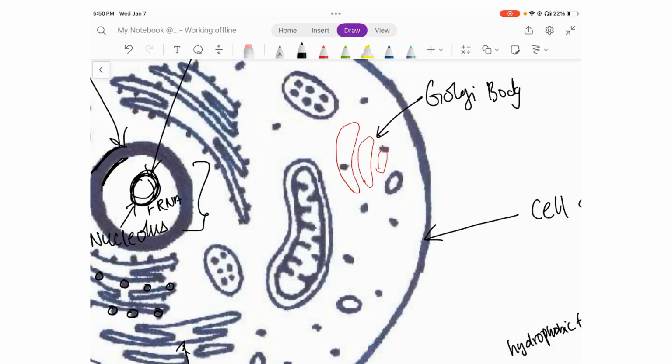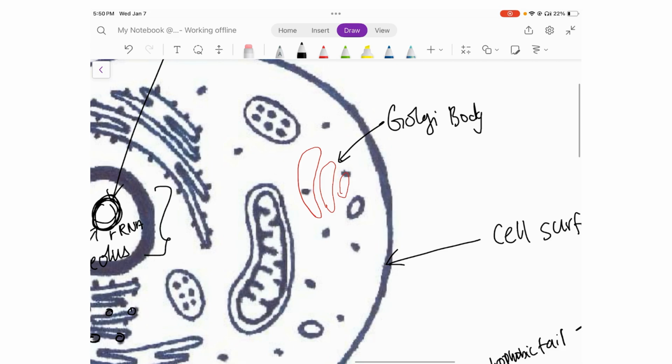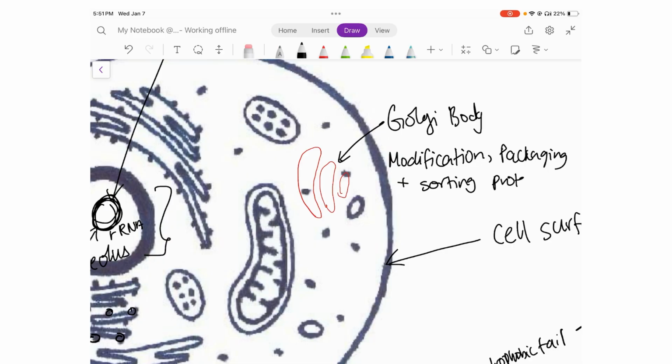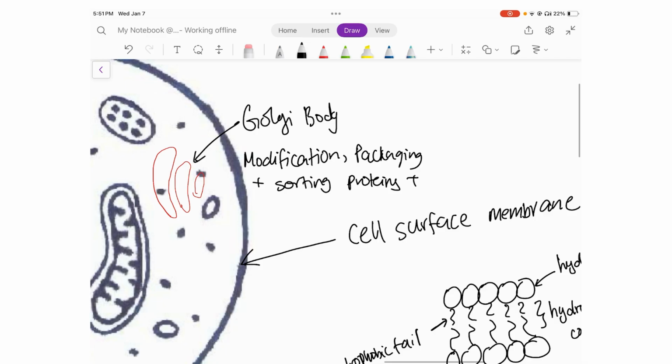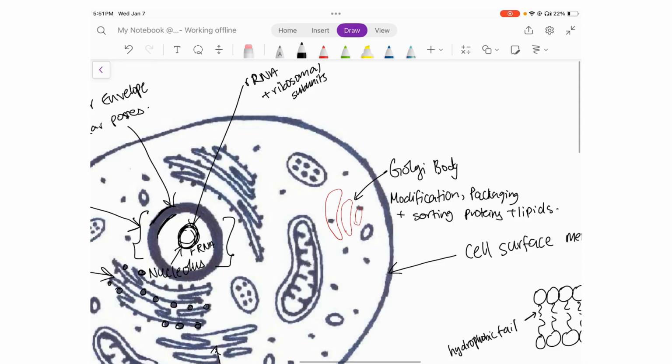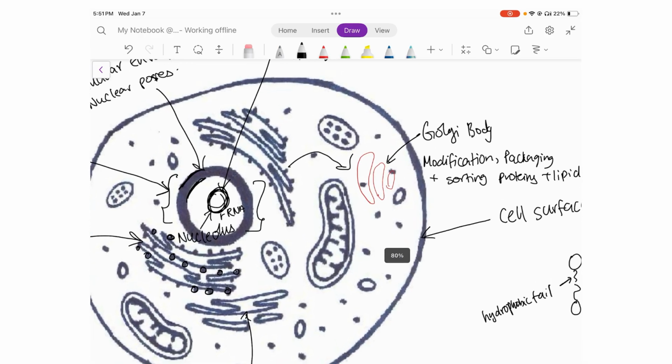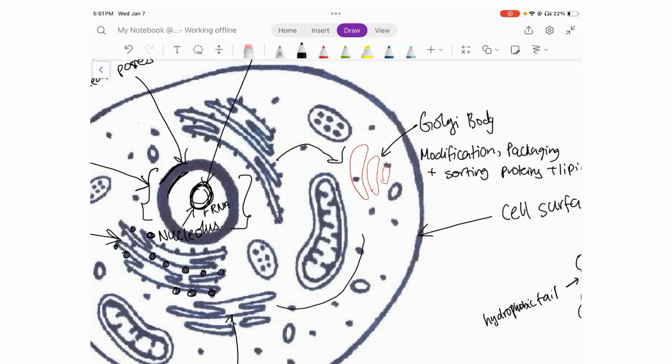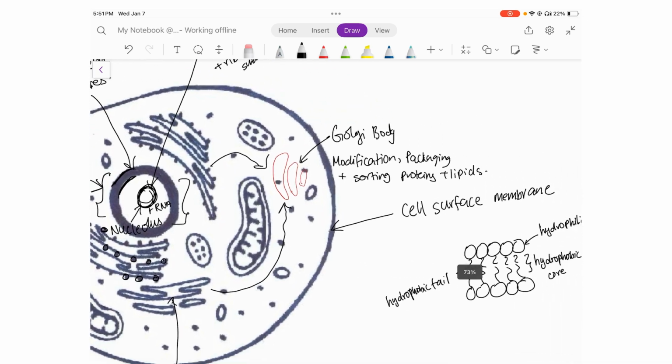What it is responsible for is the modification, packaging, and sorting of proteins and lipids. And you can guess where these come from. These come from the RER from here, and then the smooth endoplasmic reticulum right here.